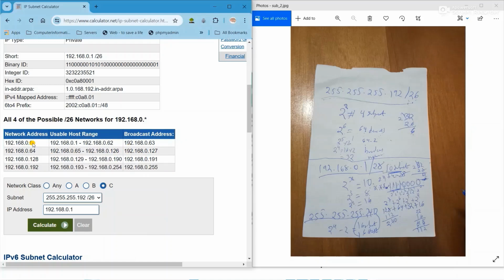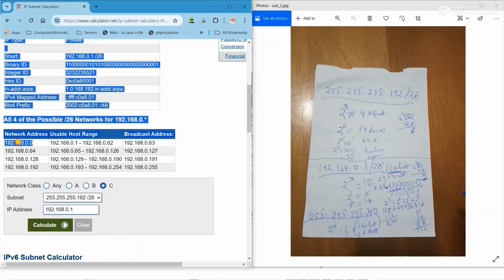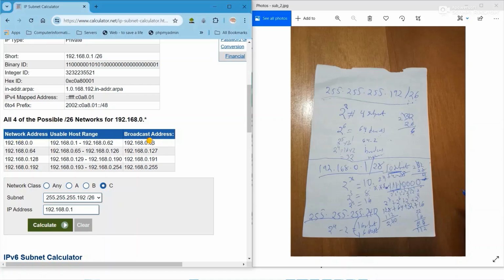The reason for the minus 2 is that two IP addresses are taken, one for the broadcast and one for the network address. So we're all on the same network, starting at 1 and terminating at 62. The next starts at 65 and terminates at 126.